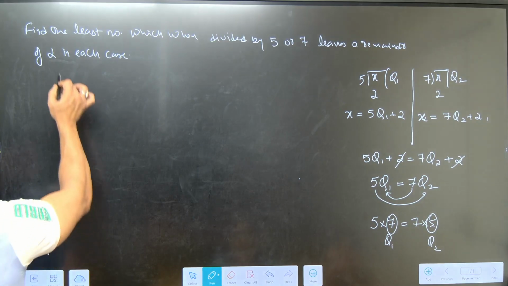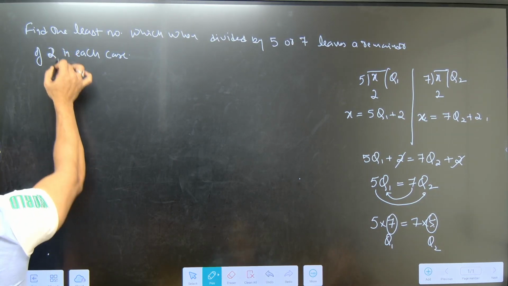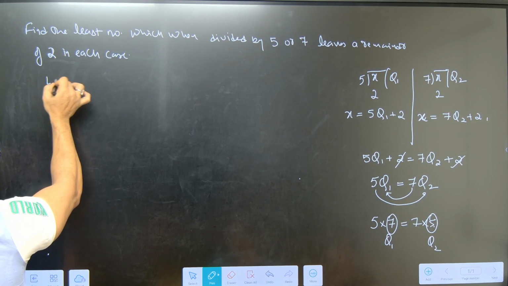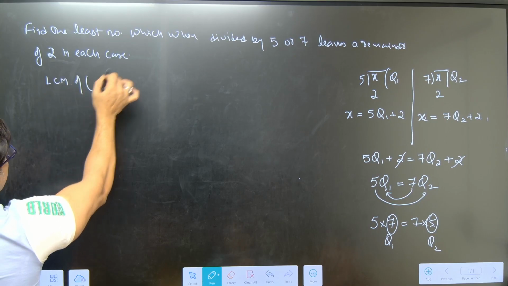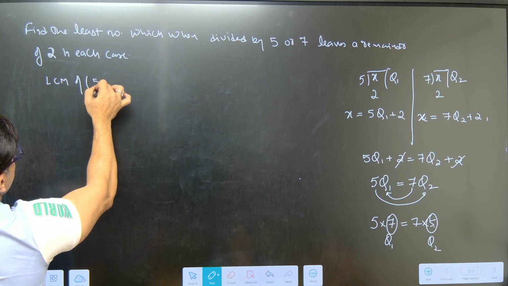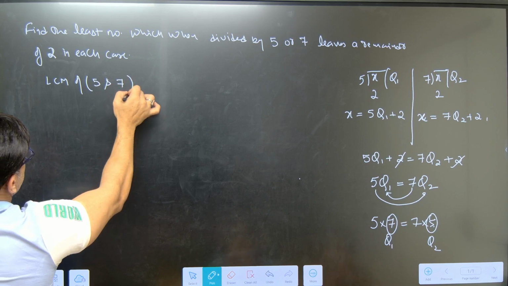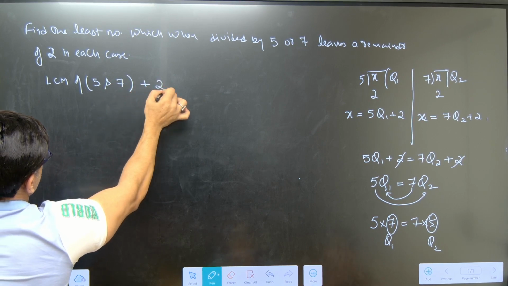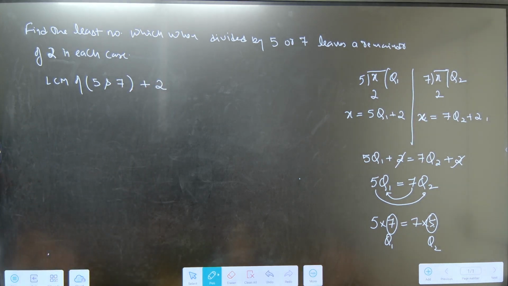It's basically not exactly 5 into 7, but whenever we have such a case, find the LCM of the given divisors, which are 5 and 7, and add the common remainder to it. That will give you your first number. So what is the LCM of 5 and 7? Add 2 to it.